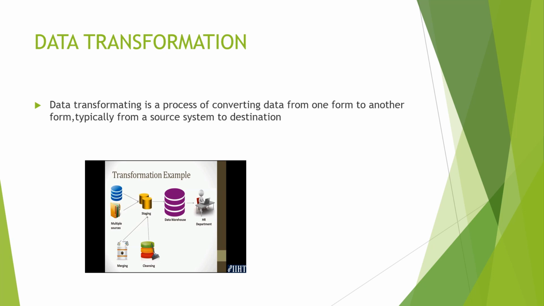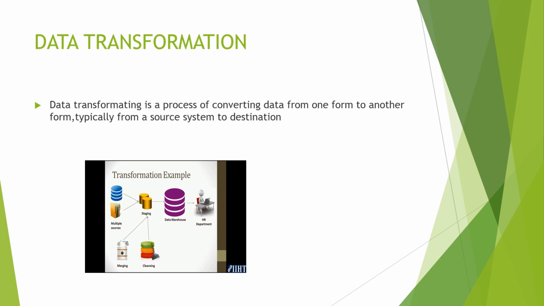And the last thing is data transformation. This is the main thing of a whole data science project. Data transformation is the process of converting data from one form to another, typically from a source system to a destination. While preparing data, we may get data from different storage levels, like relational data sources, data lakes, and various other data sets.